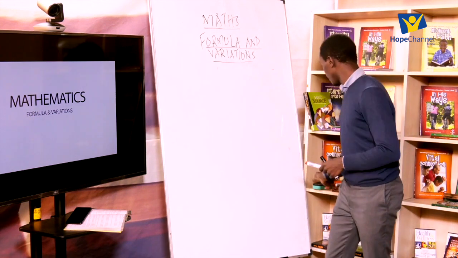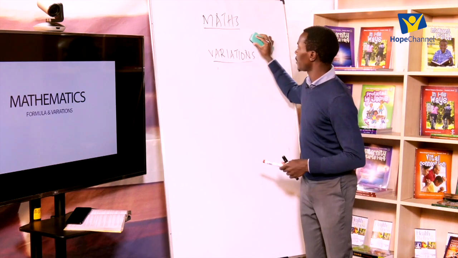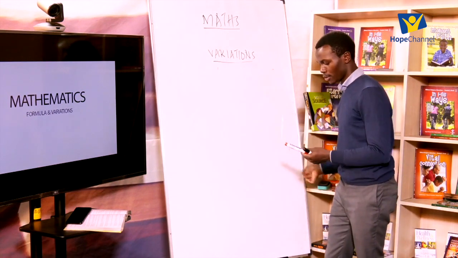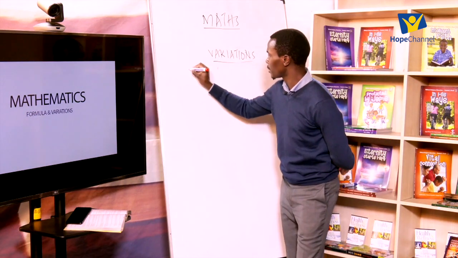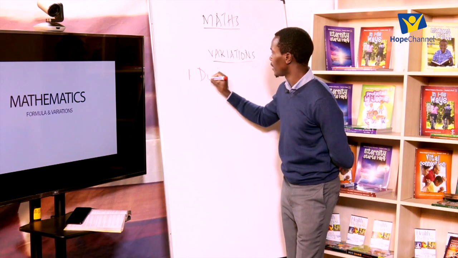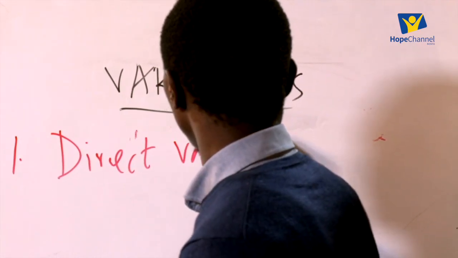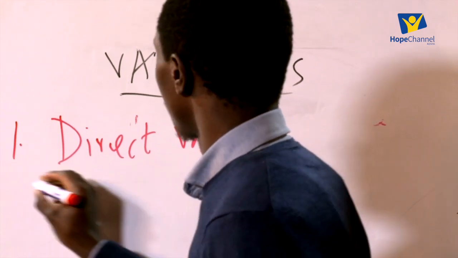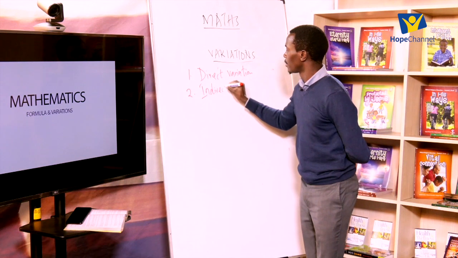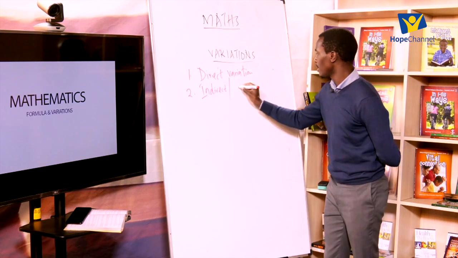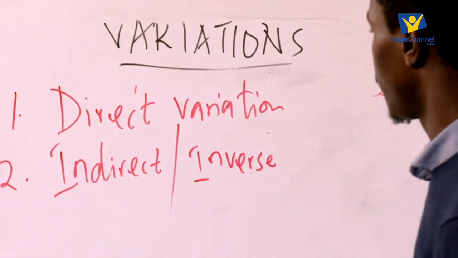So we're looking at variations, and there are quite a number. So the first variation that we're looking at is direct variation. But before that, let me list quite a number. Number one is direct variation. Number two, we have indirect, which is also known as inverse variation.